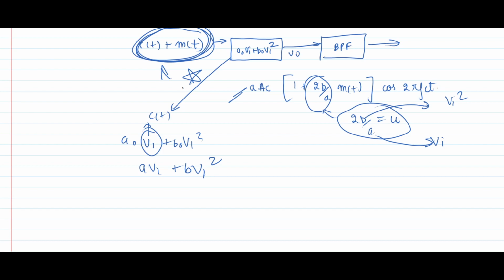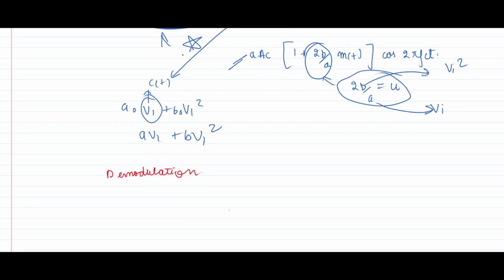Now comes the method for demodulation. Demodulation is comparatively easy and requires a similar method to the square law modulator used for modulation. Similarly, square law demodulator for demodulation.